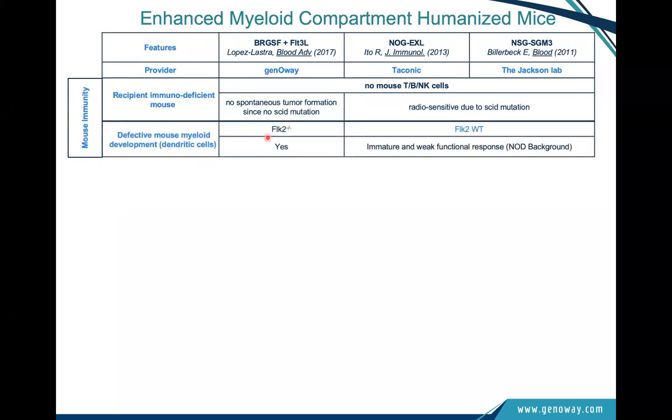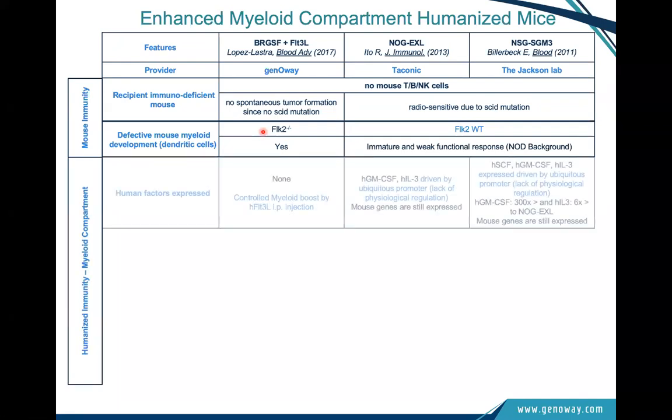Second, they do have a mouse myeloid compartment. We don't. Those models overexpress human cytokines at a very high level, and that overexpression is driven by a ubiquitous promoter, meaning that you will have no feedback from the cytokines produced endogenously.